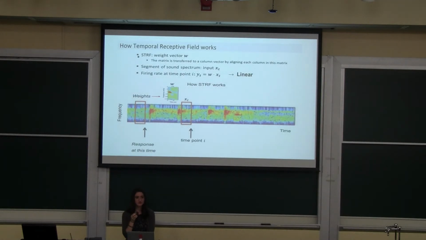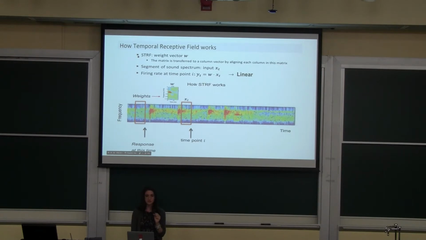It's kind of confusing, I think, based on some of the questions, how the temporal aspect of the receptive field works. So just to describe this a little more in detail, when they derived this experimentally, they essentially played a bunch of frequencies over time, and then found that the response to those frequencies occurred after the point at which the frequencies were initially applied.